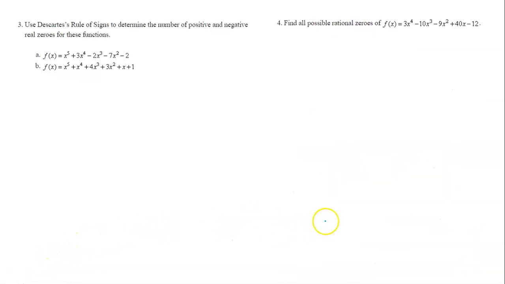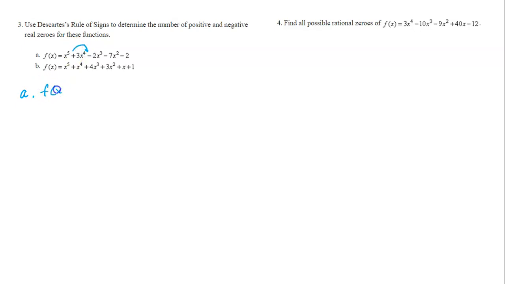Using Descartes' rule of signs to determine the number of positive and negative real zeros for these functions. We're going to look at f of x as it is, and it looks like it changes signs once.